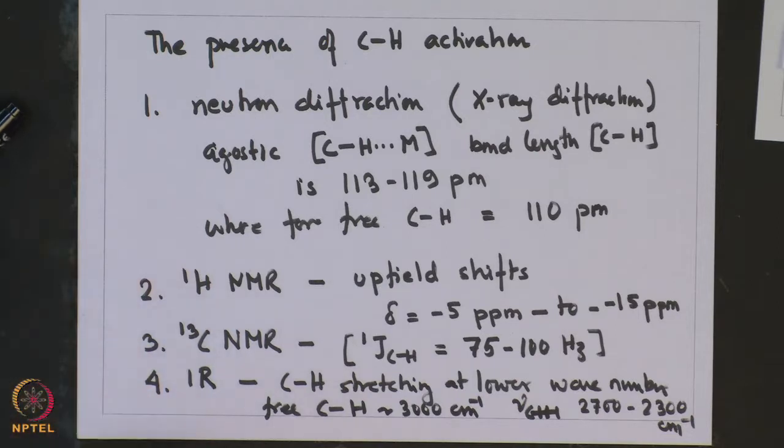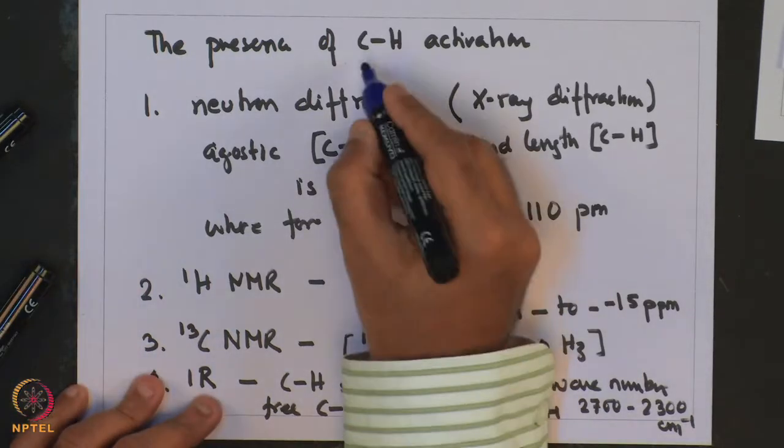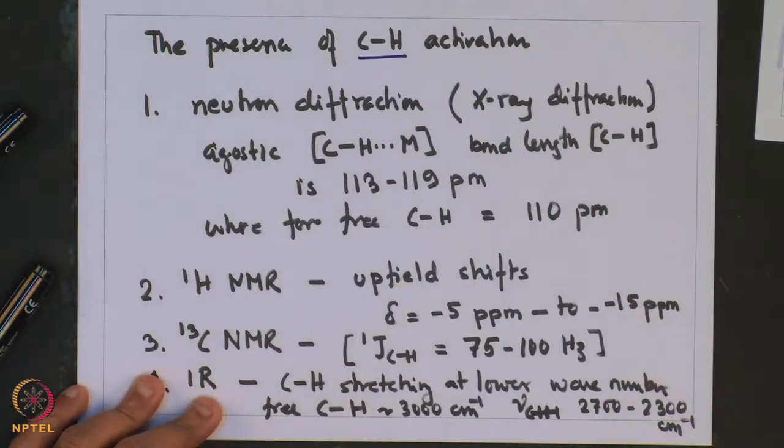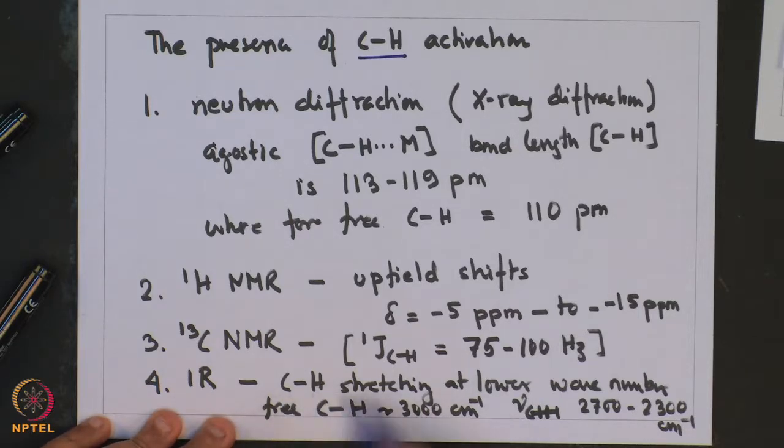So, the weakening of the CH interaction as a result of the Agostic interaction can be reflected in IR CH stretching, where the free CH stretching that comes at higher energy of about 3000 gets reduced to 2700 to 2300 because of the presence of Agostic interaction.